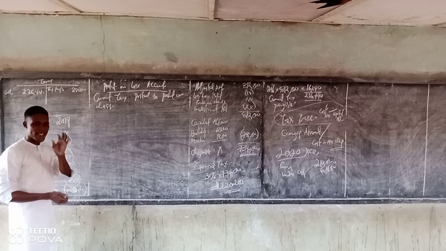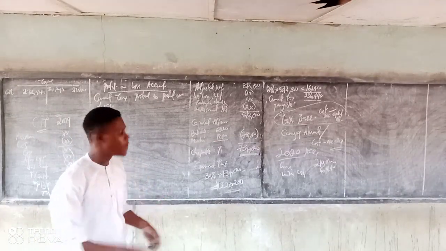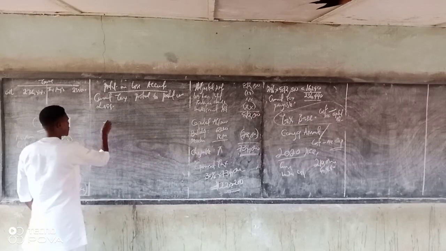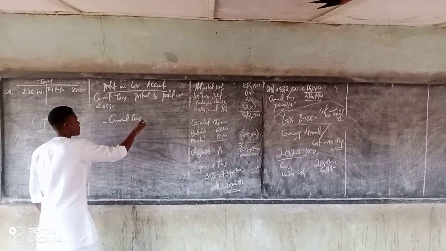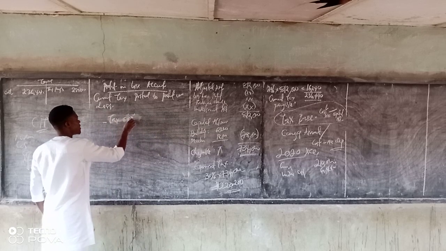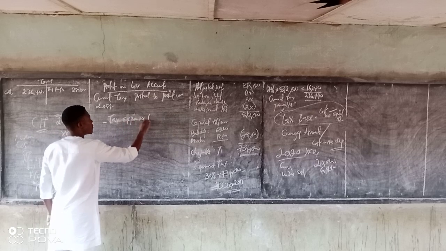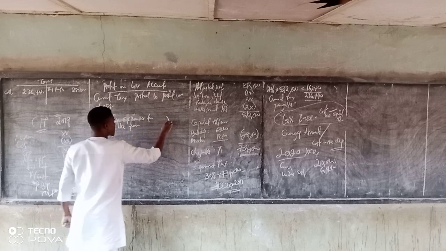The tax expense that goes to your profit or loss is computed in this summary. You have your tax expenses for the year, like this.